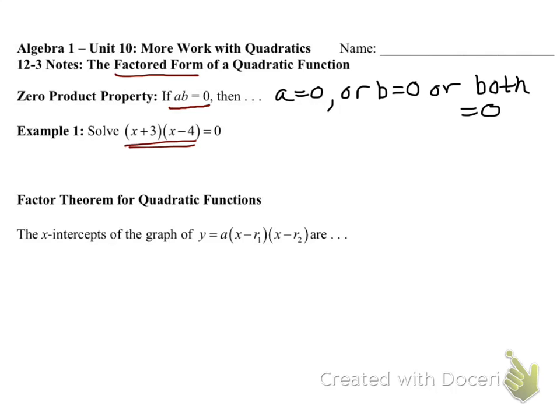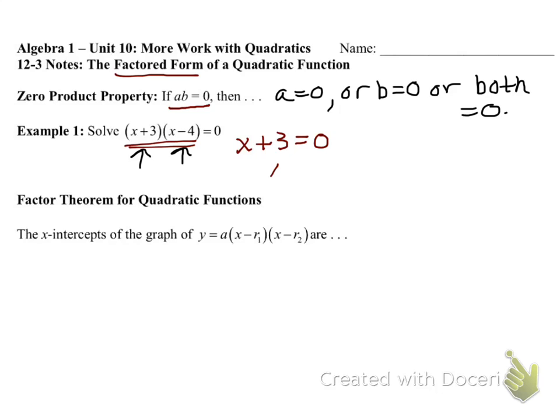So in order to solve a quadratic equation that's in factored form, what we do is we set each of the factors equal to 0. So either this one's equal to 0, or the x minus 4 equals 0. So we take those two equations and we set them up and solve.